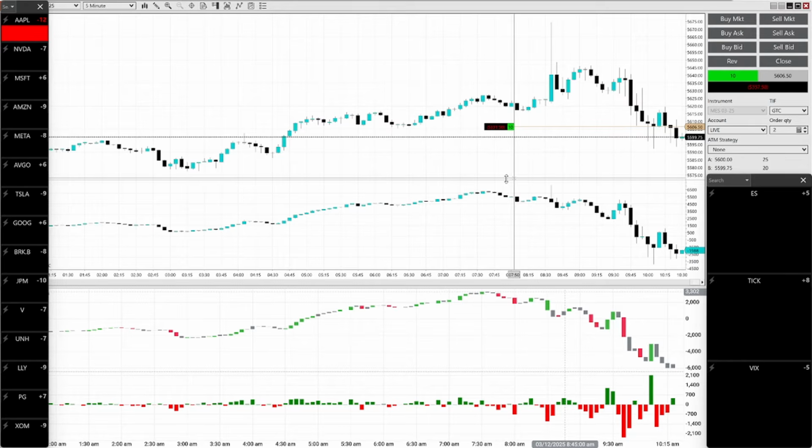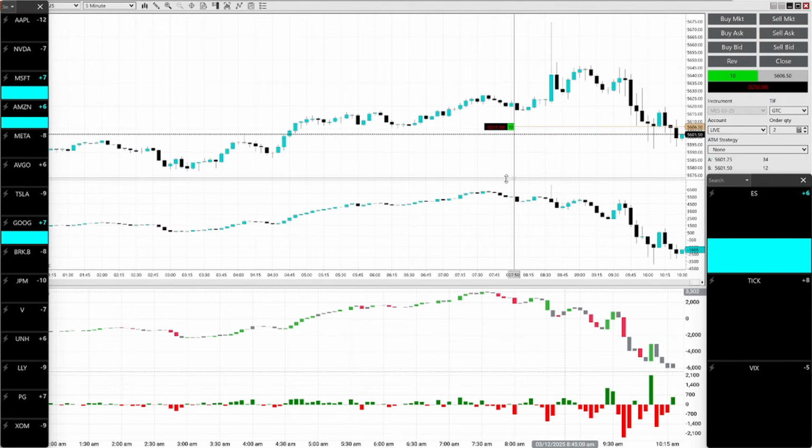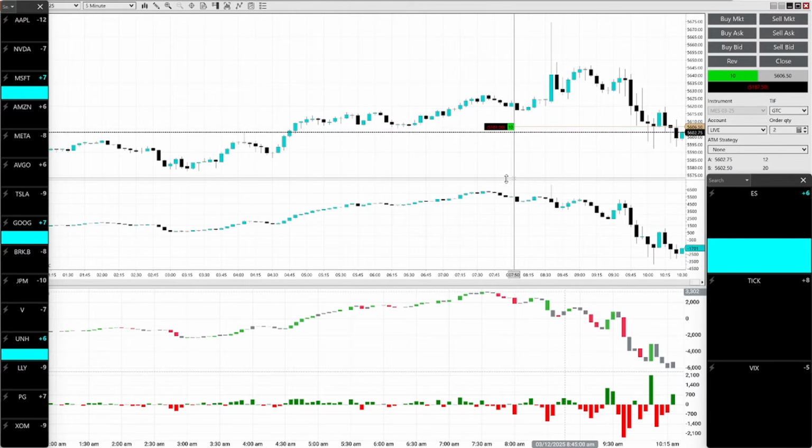Feeling a little relieved right here. As you can see how powerful between the TickStrike, auditory noises, and the cumulative delta, how you can really get a read on the order flow. And the waves of buyers and sellers, and getting a feel for absorption or momentum in either direction.